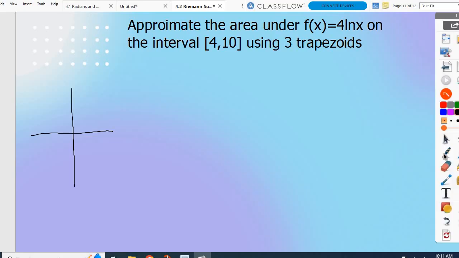Do we know what that graph looks like? What do our logarithmic graphs look like? That's one of the ones that we should know. Concave down, increasing. Correct. And what else about it is important?